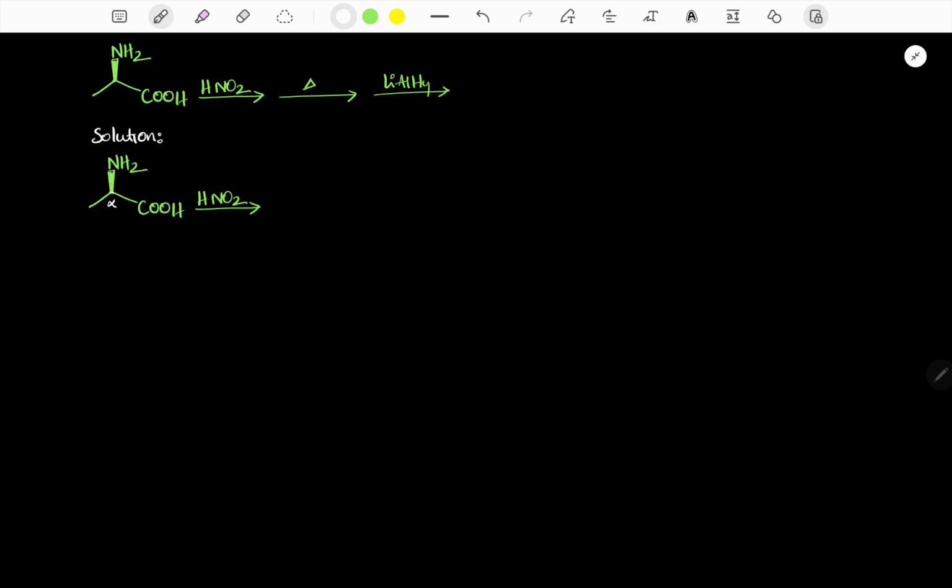Alpha amino acid, also known as alanine. The alpha amino acid is treated with HNO2. So in place of NH2, we will get N2 plus. Now within the molecule, the acid group ionizes, so COO minus attacks, the leaving group leaves.